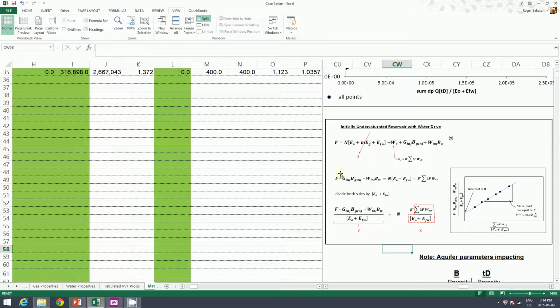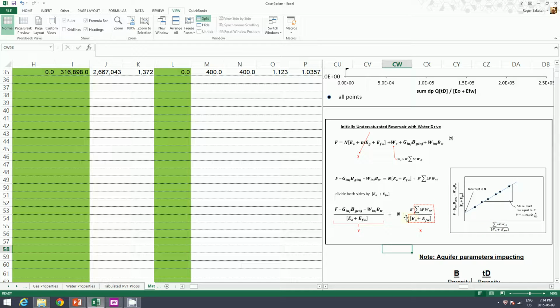It's this equation that we're going to split. Some parts of the equation will go on the left-hand side of the equal sign. Other parts will go on the right-hand side. We're going to plot, in the form of a straight line, the parameters on the left-hand side on our y-axis, and the parameters which are boxed in red on the x-axis.